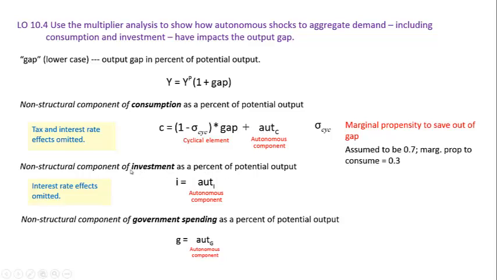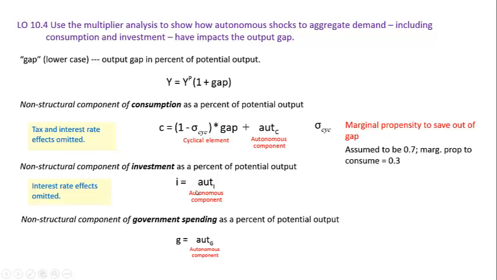Now let's next move to investment. We already studied this in Chapter 8. We went into great detail about how interest rates are very important as a determinant of investment, but we're going to ignore those for right now. We're going to omit them, and instead we're just going to look once again at investor or entrepreneurial optimism or pessimism as reflected in the autonomous component to investment.